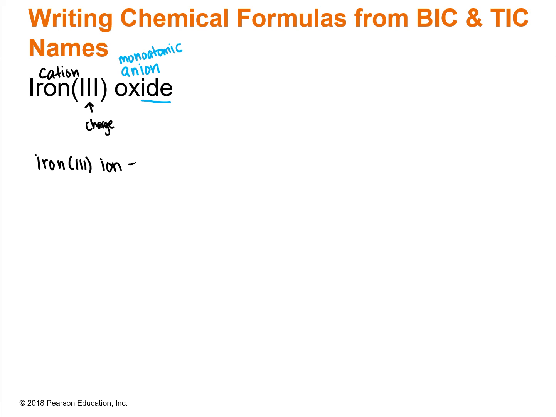So for our iron 3 ion, it's Fe3+. So that's going backwards from the name to what the ion looks like.